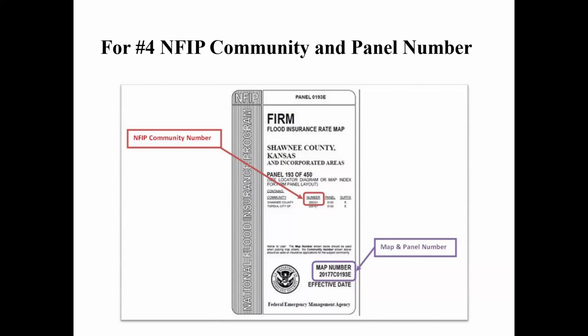And so they're looking for the full map number, which is down there, the full map and panel number. So E is the suffix on that, and it indicates how many times the map has been revised and published. And so just information there. So that's the full numbers that they're looking for on the application.